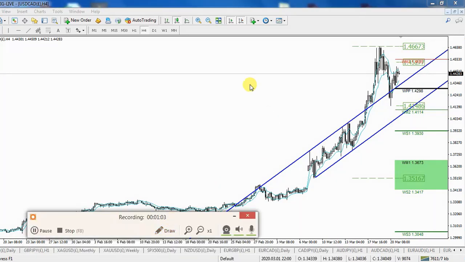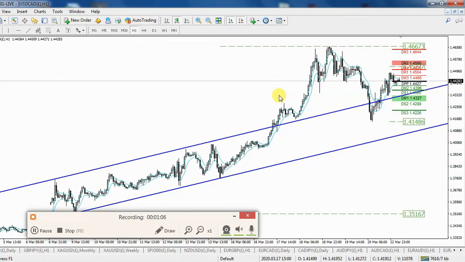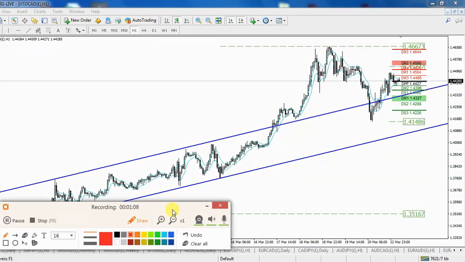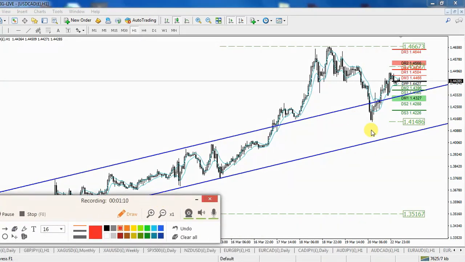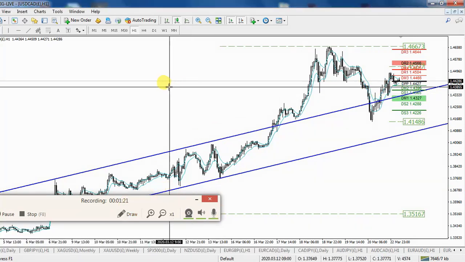So let's go down to an hourly time frame and see. What I'm waiting for, to get me interested, is for the price to come down and ideally break this area down here, which is currently standing at 143.80.